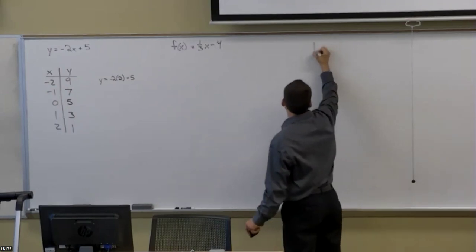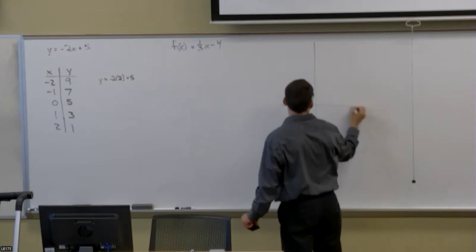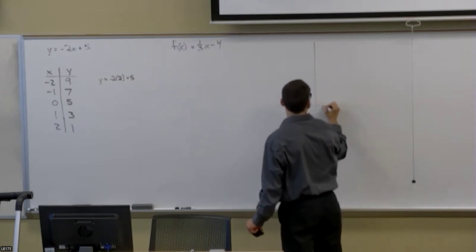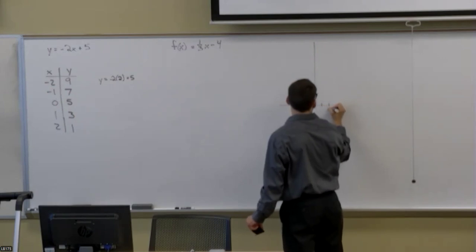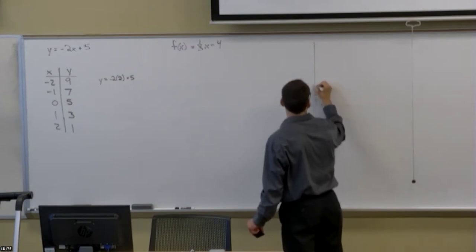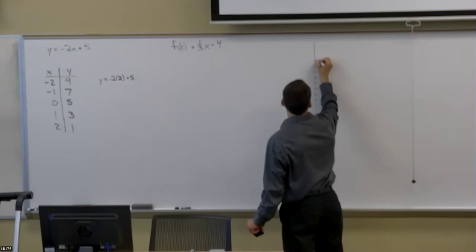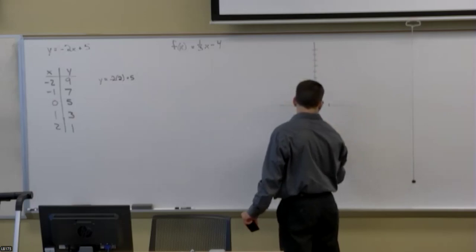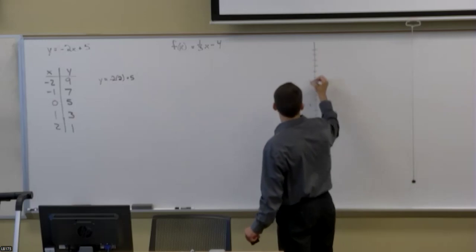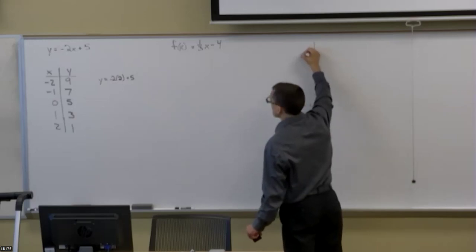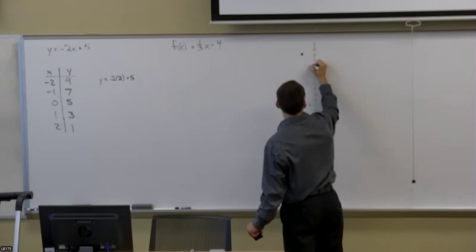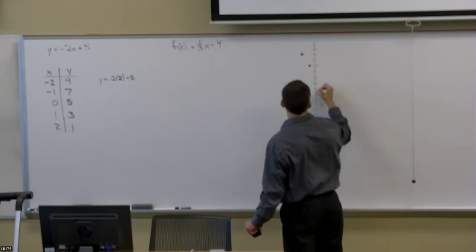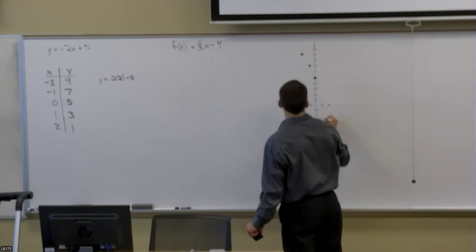Okay, I'll try to do that by hand right now. So -2, 9 is up here. -1, 7 is up here somewhere. 0, 5, 1, 3, and 2, 1.